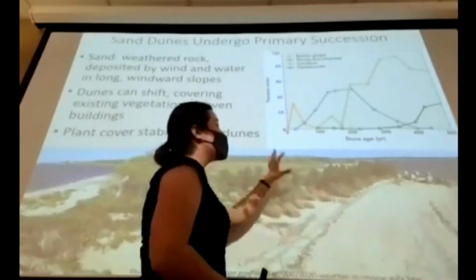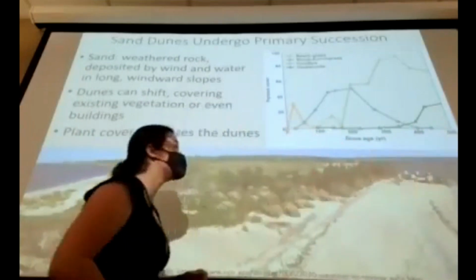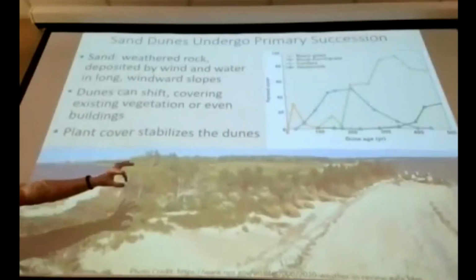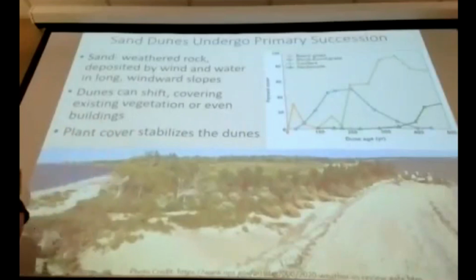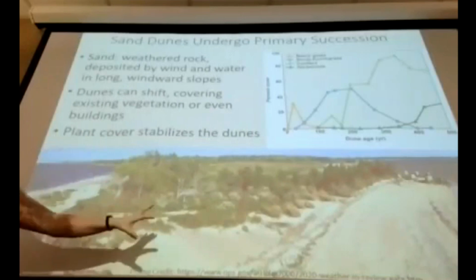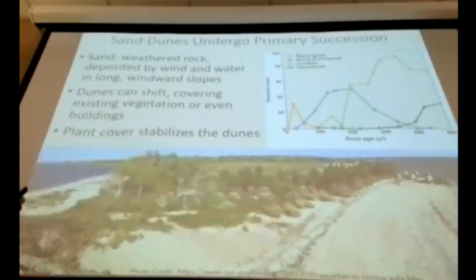So this land is actually going through these successional stages. Okay? And actually, this area in particular has the oldest American holly forest, I think, in North America. And so that is one of the many types of trees that further stabilize these dunes.